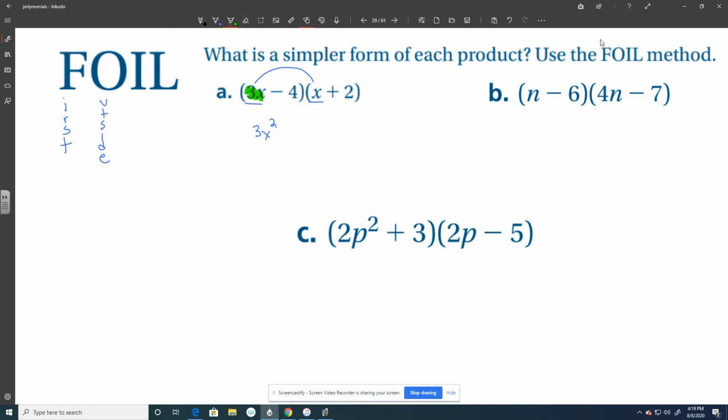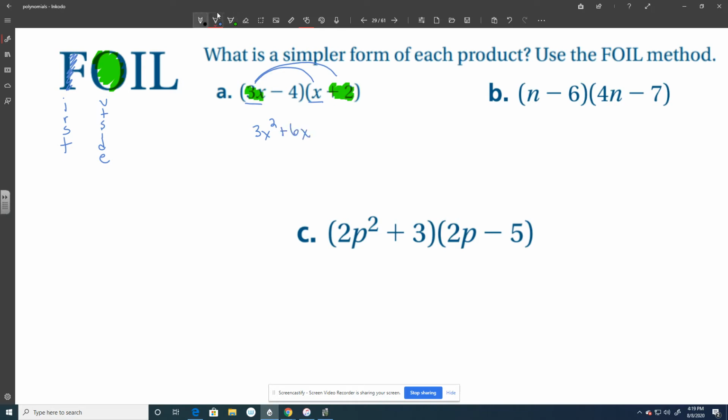So you take the 3x and the 2, the positive 2. Those are on the outside. Maybe let's coordinate these a little bit with how we labeled them. So you are going to take the 3x because it's on the outside and the plus 2 is on the outside of the problem, and you're going to multiply those together. So 3x is going to be multiplied by 2, which is 6x.